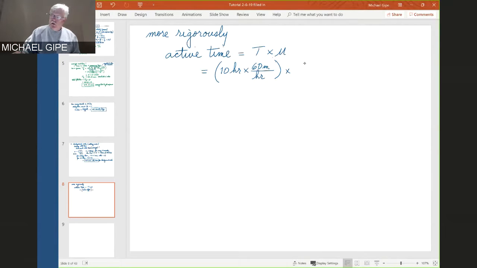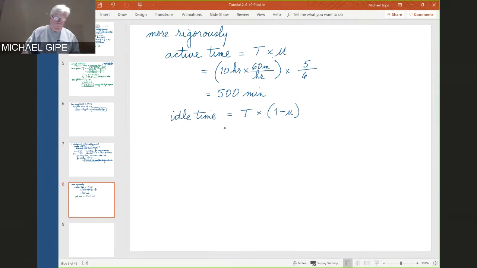And the utilization, as we saw before, was 5/6, or 0.83. And that works out to be 500 minutes active processing. So the idle time is going to be T times 1 minus the utilization.